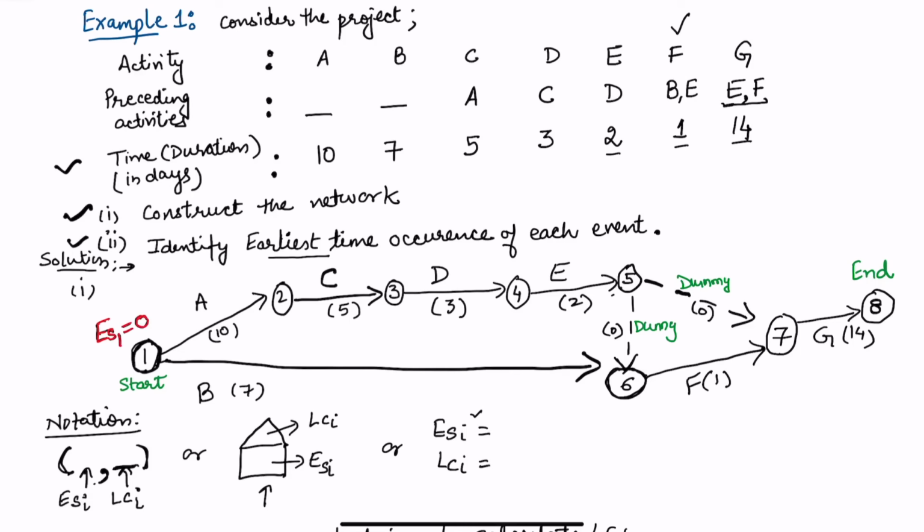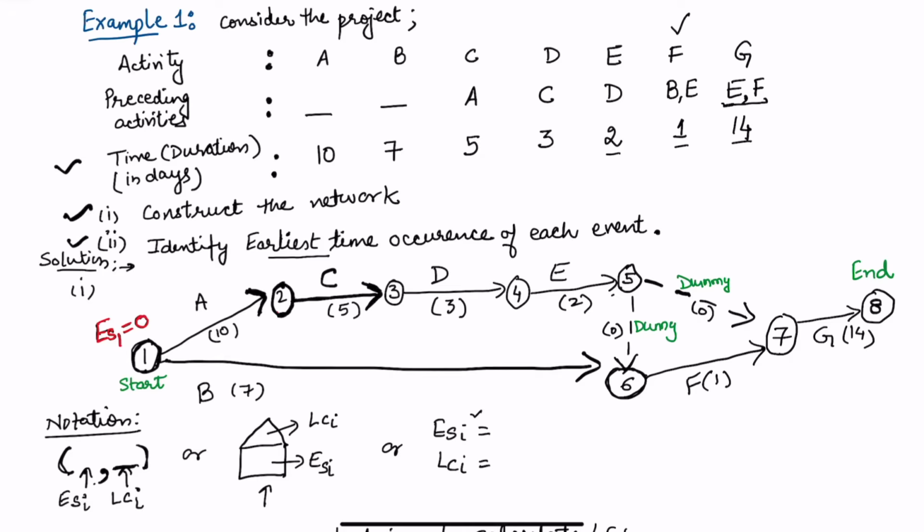And then I'm going to look at event 2. As I also discussed in the previous video, node and event basically refer to completion of the time. Since this activity A is finished here, I'll assume that this event is completed and it can start the next activity, which is C. So at node 2, I can start something else.